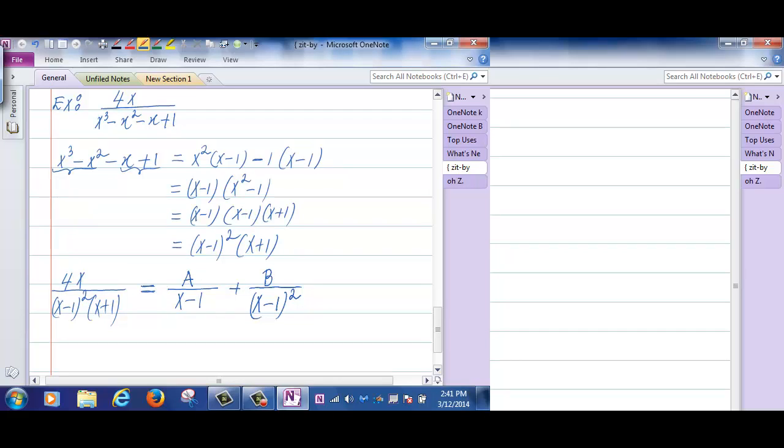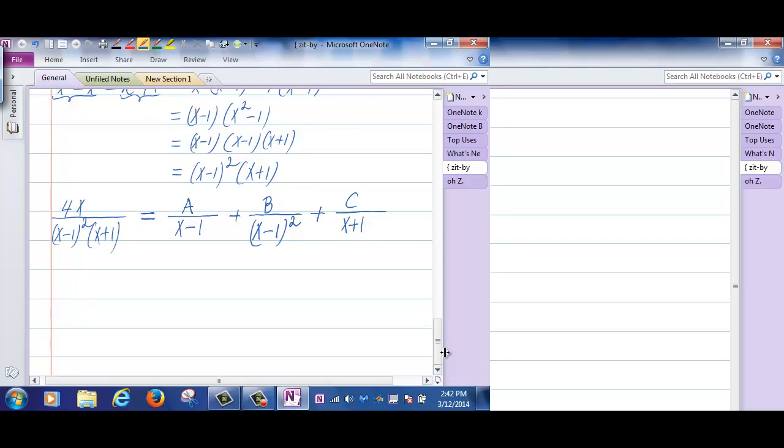This is the contribution for x minus 1 squared. Because it's a repeated factor, it contributes 2 terms. And the last would be the contribution of x plus 1, which would be c over x plus 1. Everybody gets that? That's really the major first step. If you get that step, you get 4 out of 10 right away. Okay?